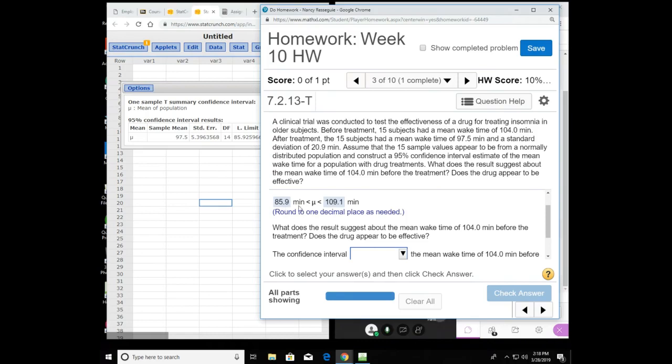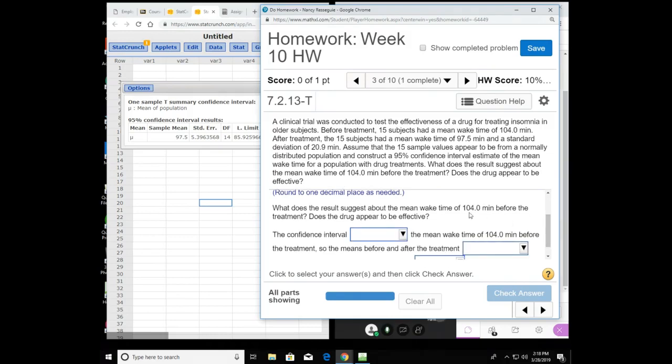That's in between my two limits that I got for my confidence interval after the treatment, which means that it's saying that it didn't really change that much. If it had been where the 104 wasn't in between those two, then we could say it had changed a lot. But since it is in between those two, then it probably didn't really change at all.